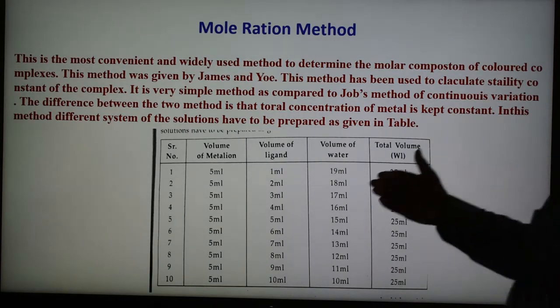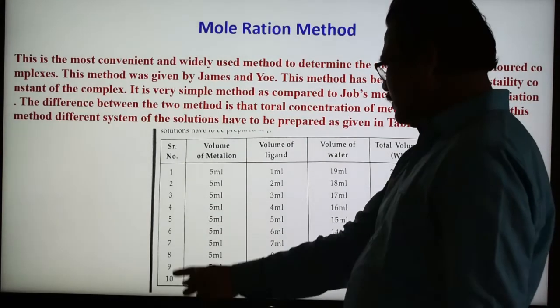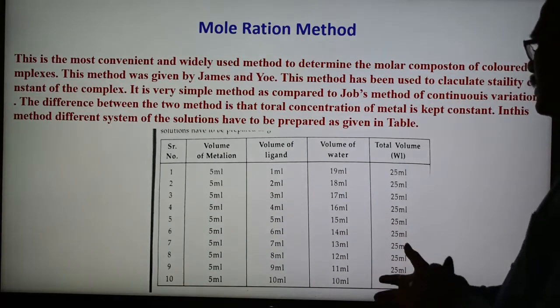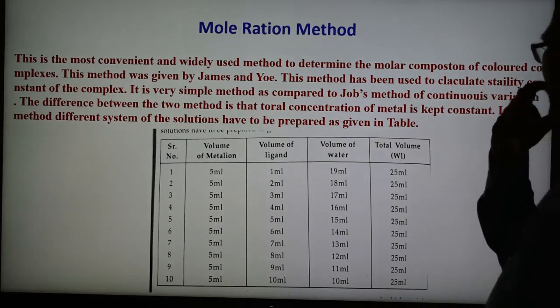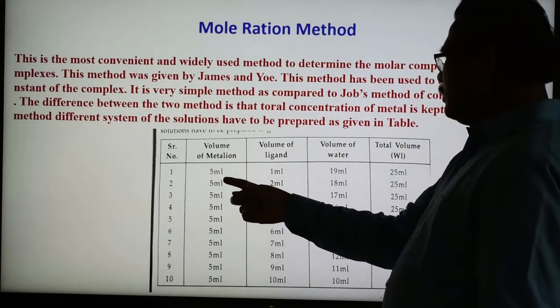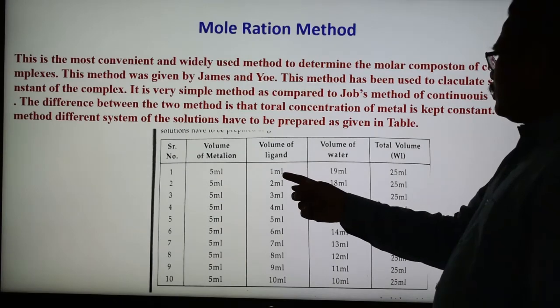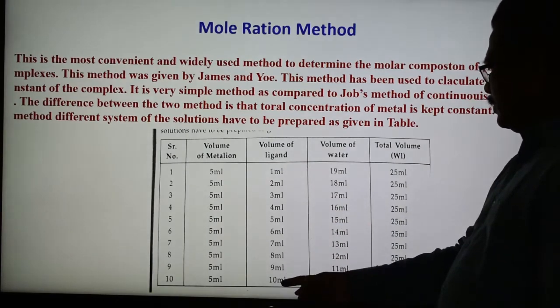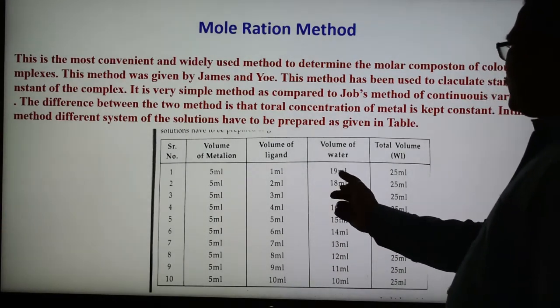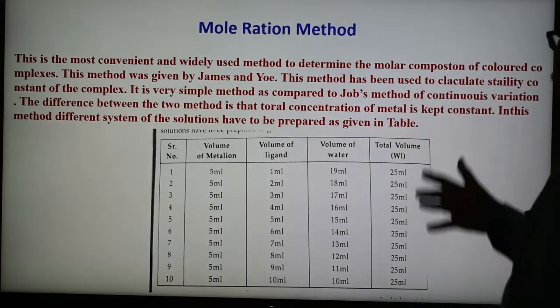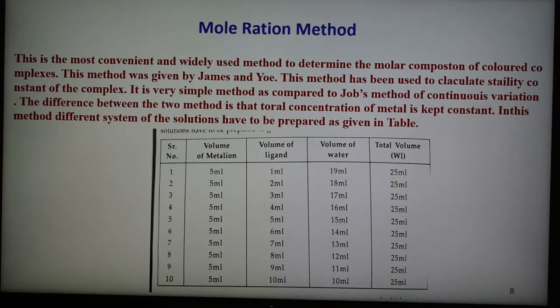Again here we have to prepare 10 solutions. Take 10 flasks and number them 1 to 10, and take 5 ml metal ion solution in all the flasks. After that add the ligand, 1, 2, 3 up to 10 ml, and adjust the volume with water so that the total volume of the system is 25 ml.